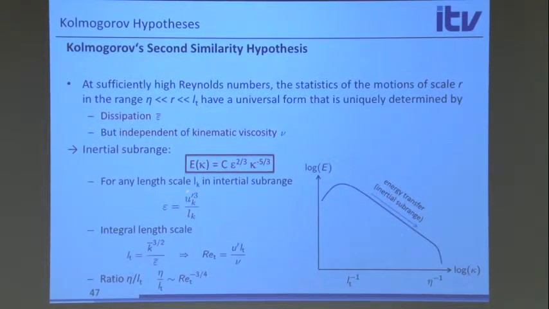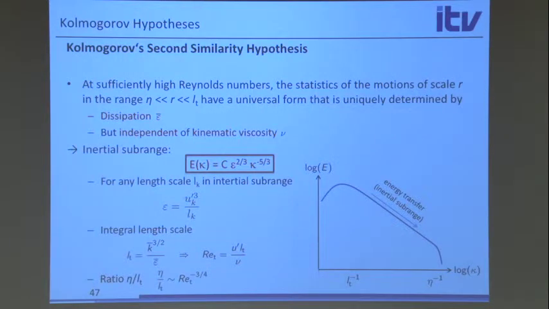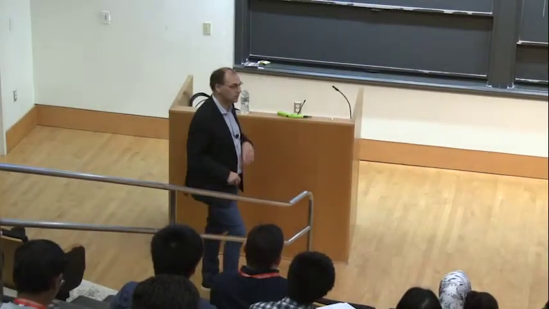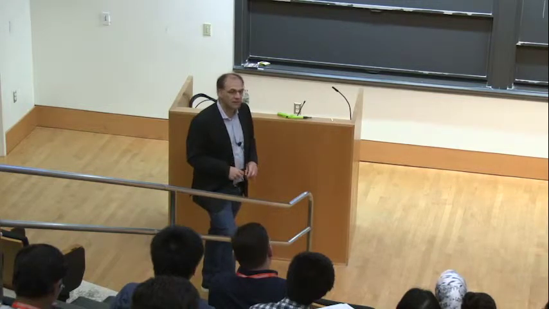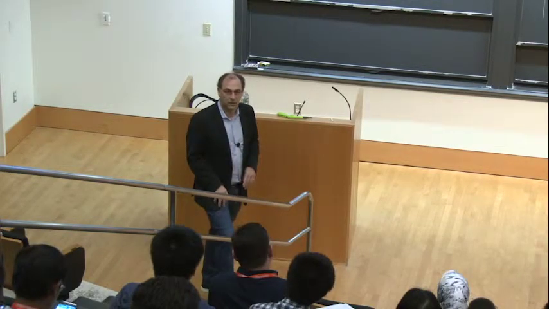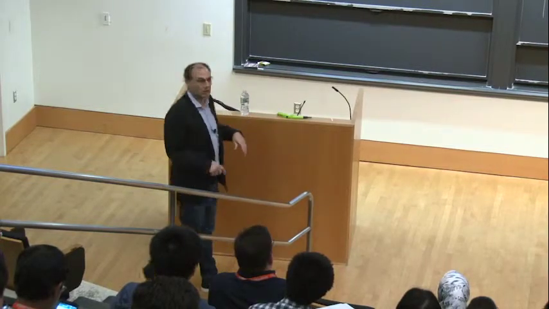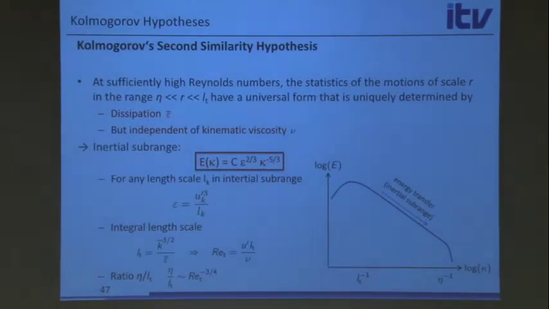That's what we call Kolmogorov scaling, and that's a very useful relationship. Because anytime you want to know the kinetic energy of an eddy of that size, this is what you use. Or if you want to know the time scale of an eddy of that size, this is what you use, because you can also write this as a time scale.